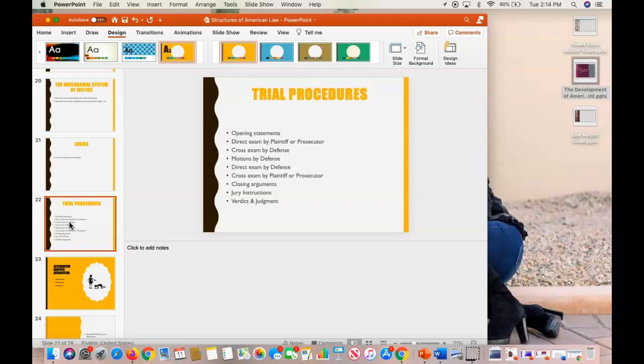Defendant can file a motion to have the case dismissed, arguing that the plaintiff has not proven its case and the case should therefore be dismissed. Assuming that that motion is denied, next comes the defendant's case in chief or presentation of witnesses by the defendant.